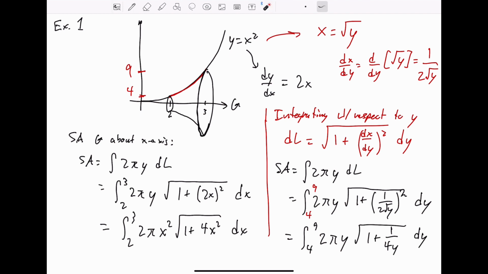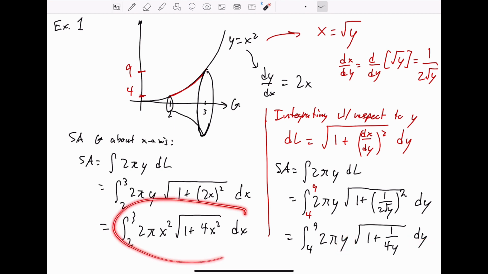Now, look back at the integral that we used integrating with respect to x. We changed the y to be x squared because we wanted everything to be in terms of x. When we integrate with respect to y, we just leave the y alone. That just stays y. We don't have to change it because it matches the variable that we're integrating with respect to.